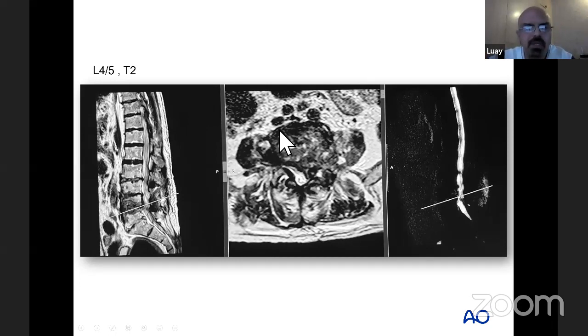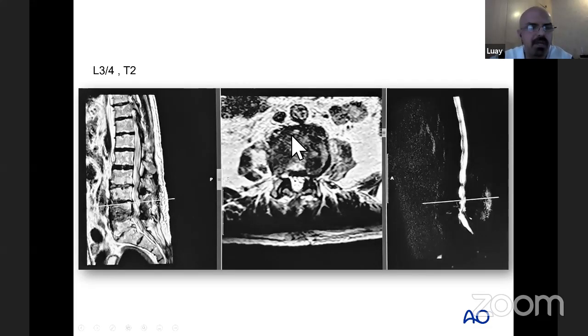Unfortunately, you cannot do enhancement because of the bad renal function, to differentiate whether it is fibrosis or disc fragment. L3-4 as well shows the same thing, and this is L2-3.